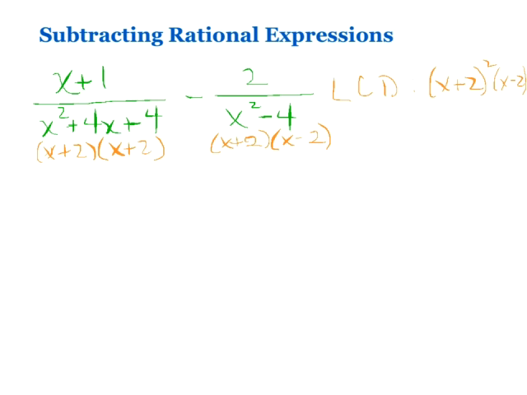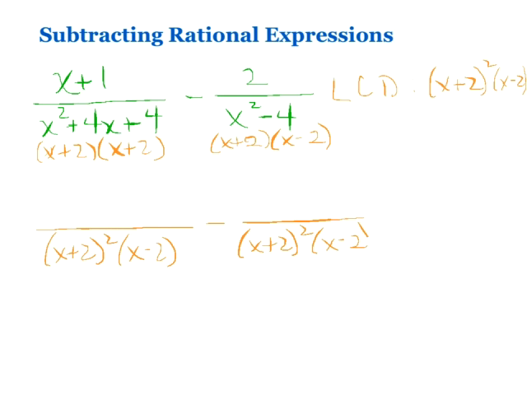All right, so now we go to the rewrite stage. So x plus 2 squared times x minus 2 minus x plus 2 squared times x minus 2. All right, so here we have 2 x plus 2's.